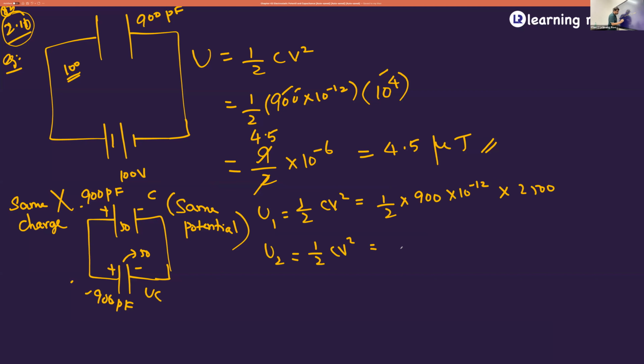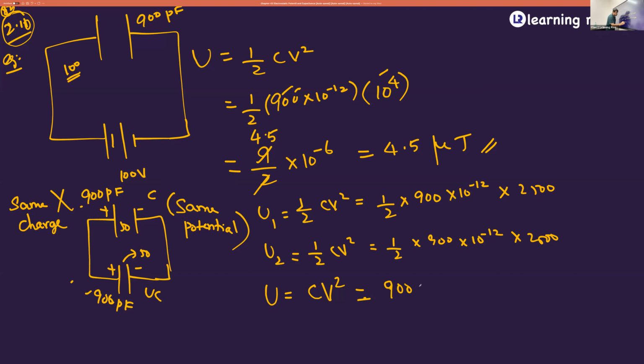So when you add these two, what is going to be the total energy? Is it not going to be CV square? Right. So when it is going to be CV square, this half will go. So you'll be left with 900 into 10 power minus 12 into 2500.